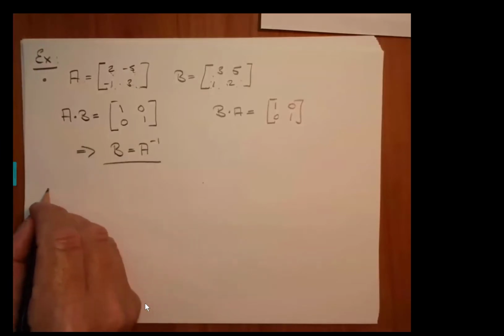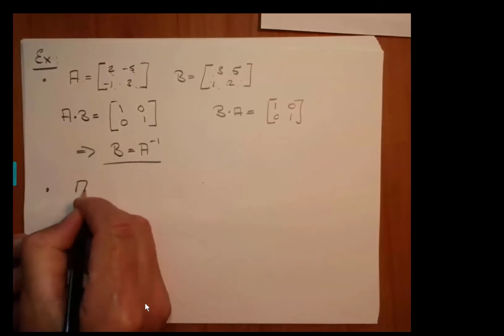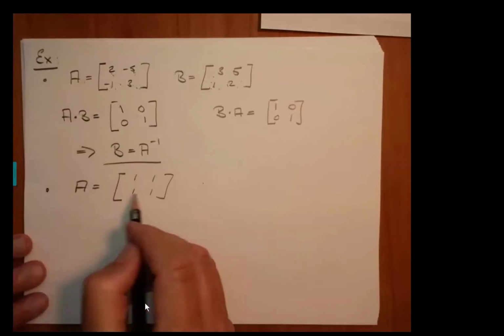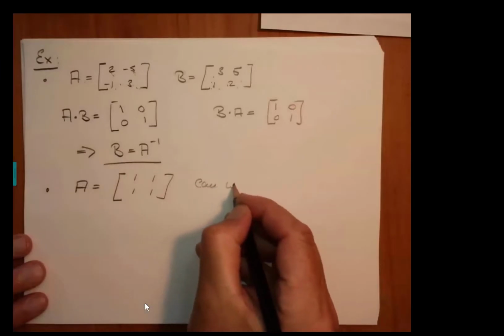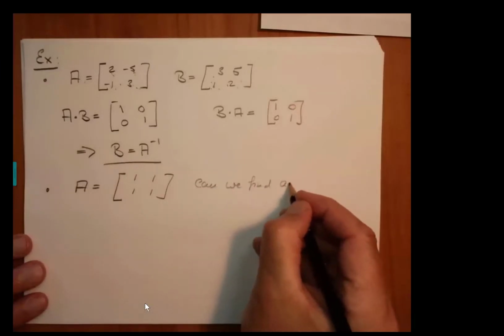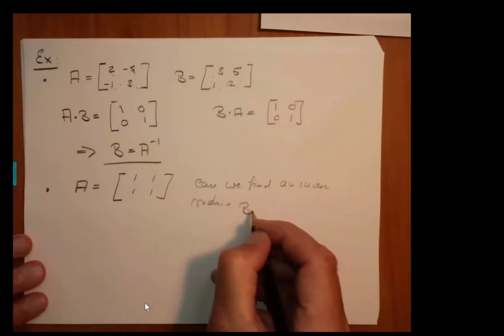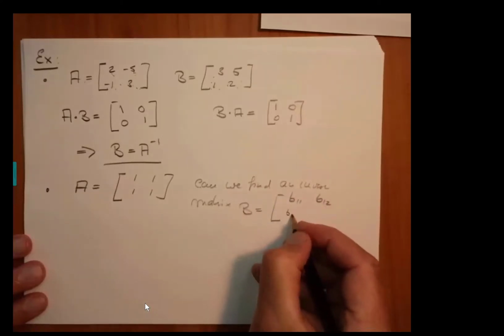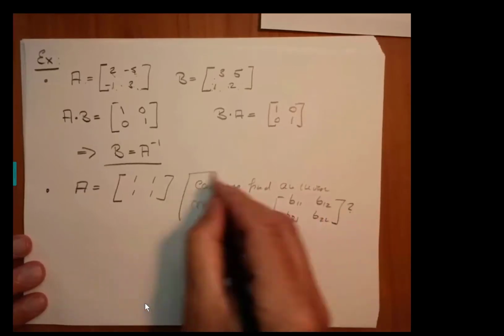And now the next thing is that things get more complicated with matrices compared to real numbers. So if you take the matrix A, which is 1, 1, 1, 1, the question is, can you find an inverse? So the question is, can we find an inverse matrix?